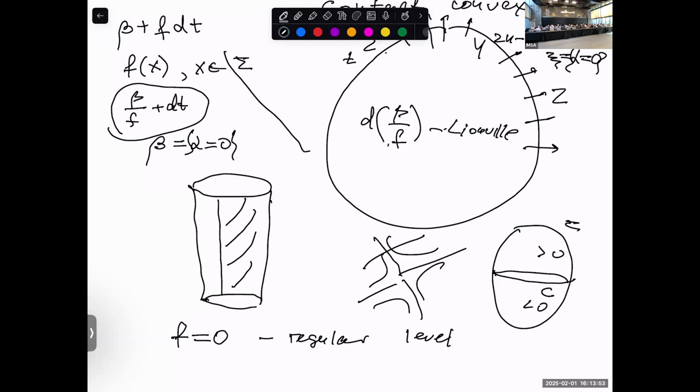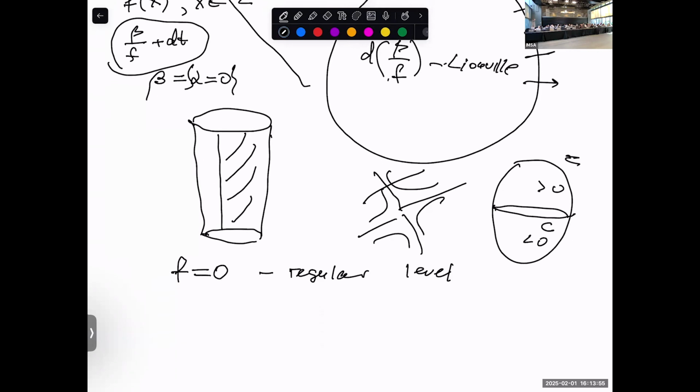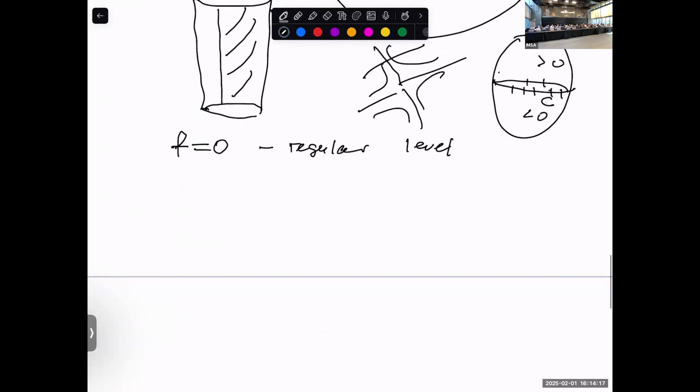And so you get the following picture. You get that my hypersurface is split into two Liouville domains, and now you can also easily check that this characteristic relation is in fact transverse to the boundary, and the boundary itself is a contact manifold. So the picture of the boundary of this convex contact domain is the following.